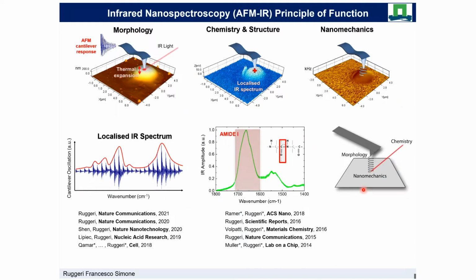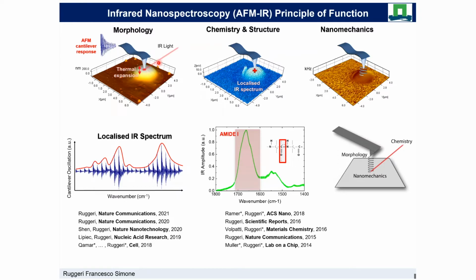And the technique works according to the following principle. If we are collecting an IR map and a morphology map, similarly to what we do in any conventional AFM, and meanwhile we send IR light, if this IR light is absorbed by our sample, the chemical bonds will start to vibrate. And this vibration causes a thermal heating of the sample and a thermal expansion.